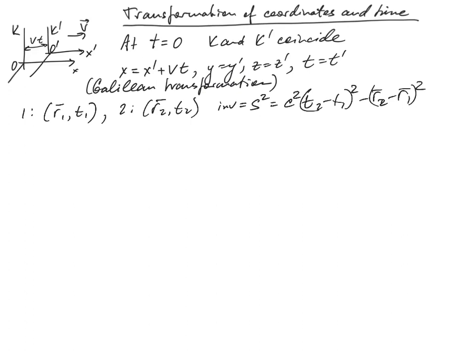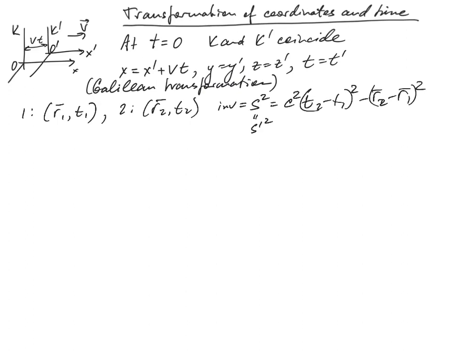So you can use t1, t2, r1, r2, or you can use the primed coordinates and time in K prime, and s squared and s prime squared are the same.